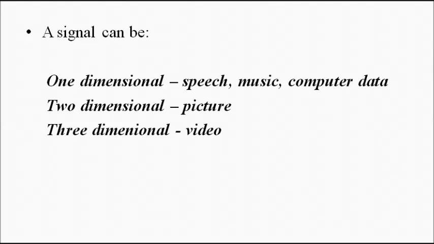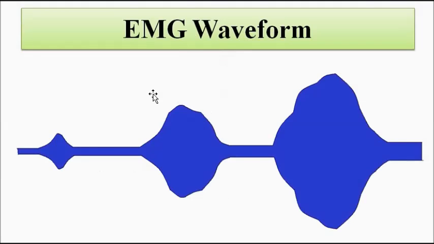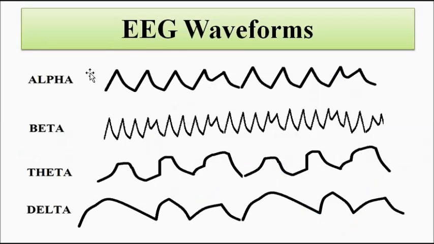In the biomedical field, we can transmit various body parameters related data. For example, this is a typical ECG signal, electrocardiogram signal. There can be an electromyogram signal, an EMG waveform, it looks something like this. Then it can be an electroencephalogram waveform related to brain patterns, brain functioning, various types, alpha, beta, delta, theta.